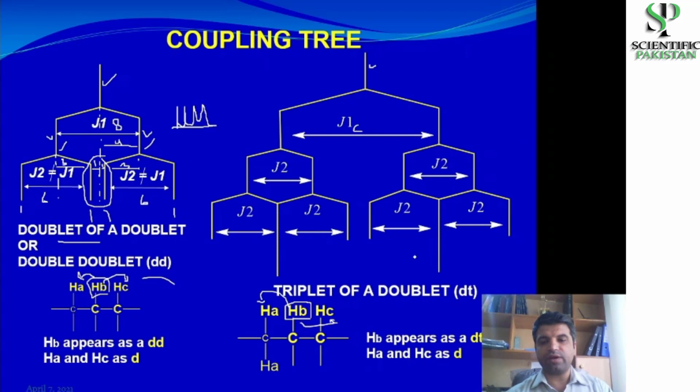So here we have another signal which is known as triplet of a doublet. That is a triplet originated from a doublet. So first we have a doublet and then we have a triplet. So we write it as DT, denoting the larger coupling constant. First you see the splitting between these two lines is larger as compared to these or these. So this is because of HC, that is a doublet, and here we have a triplet.